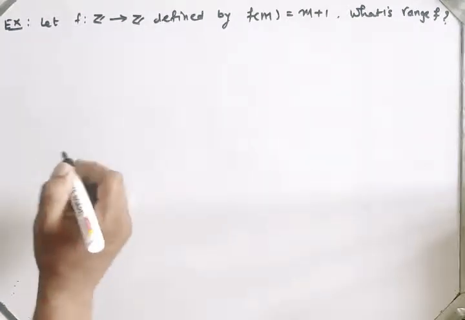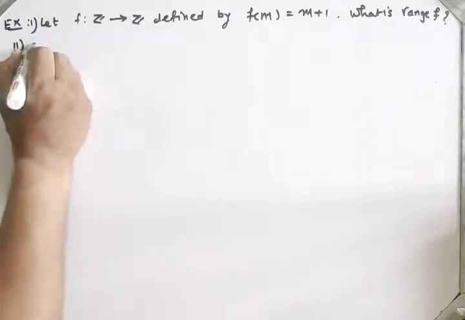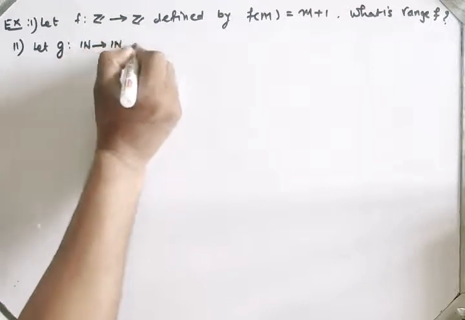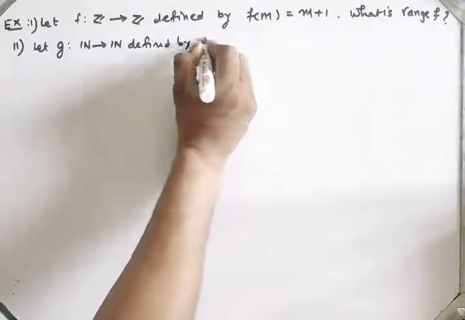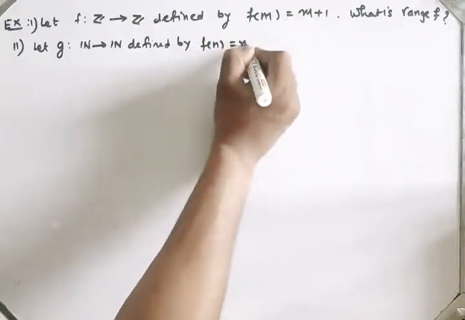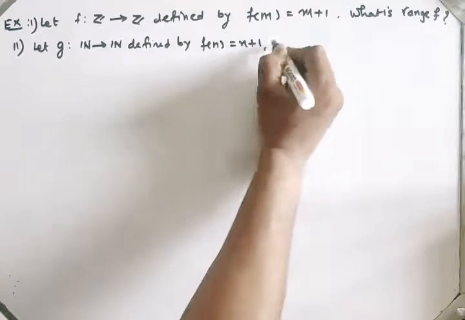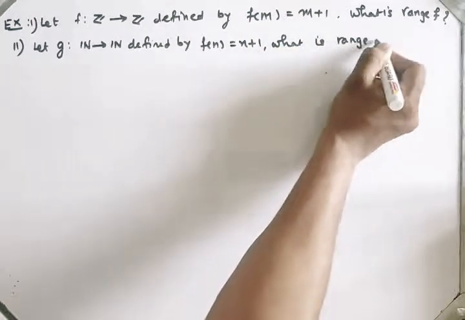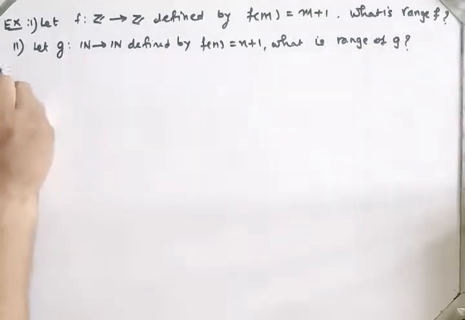This is the first question. Second question: let g be a function from natural numbers to natural numbers defined by g of n is equal to n plus 1. What is the range of g? So we will find the range of these functions.